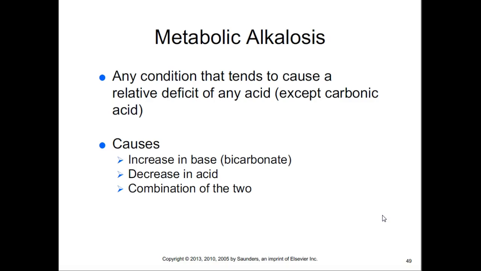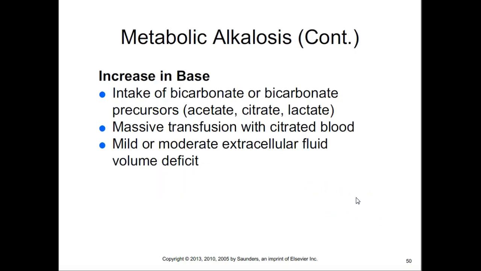All right, so metabolic alkalosis: any condition that tends to cause a relative deficit of any acid except carbonic acid, right? So an increase in the base, a decrease in the acid, or a combination of both. An increase in the base comes from intake of bicarbonate or bicarbonate precursors such as acetate, citrate, or lactate, and massive transfusion with citrated blood.